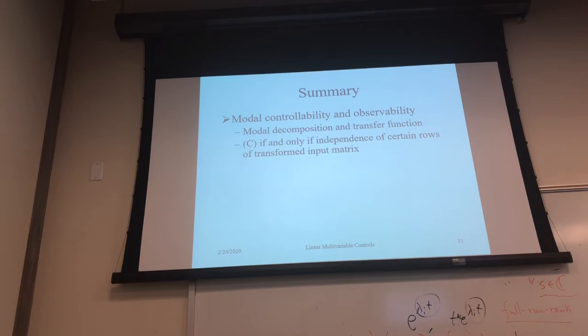Of course, you need to learn how to do coordinate transformation to turn the original A matrix into J, and J is block diagonal. Observable if and only if the independence of certain columns is transformed. I think it's the first column of each Jordan block. First column, last row. These are the rules.